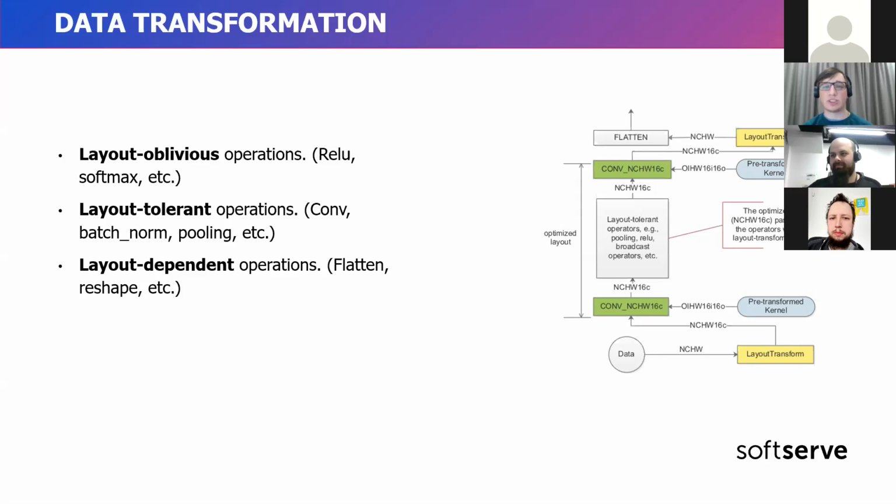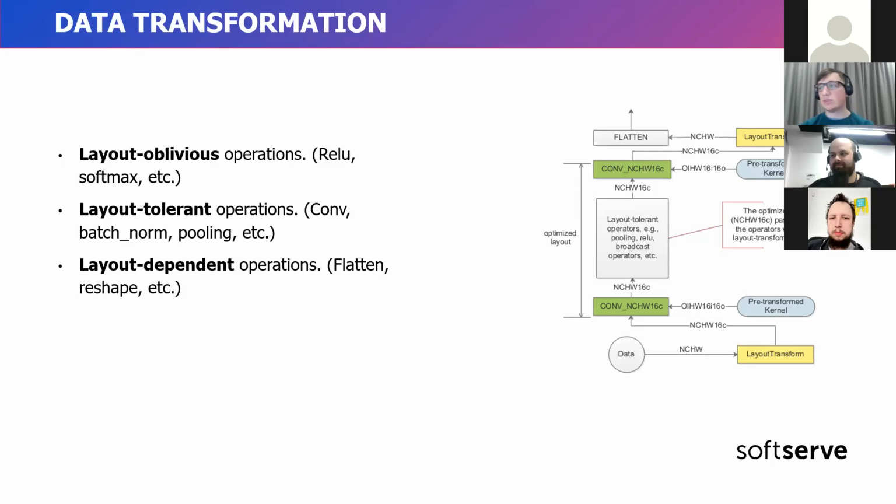Second, layout-tolerant operations, which are usually hard-coded and not very affected by the shape of the data itself. And third, layout-dependent operations, usually hard-coded by the programmer, where we change the shape of the data completely. Usually in optimization libraries, there are specific functions for each data layout.